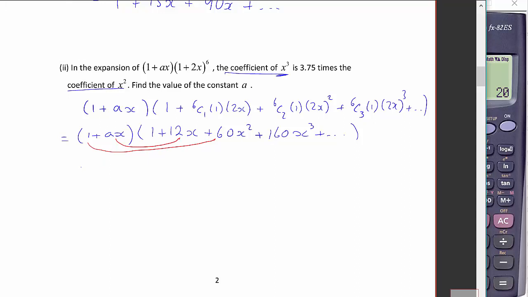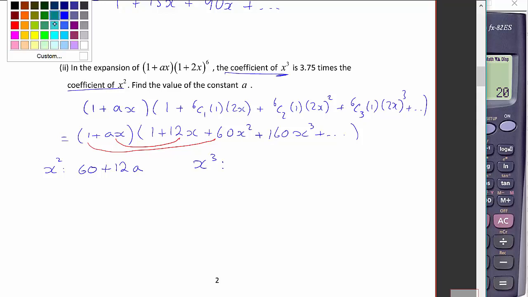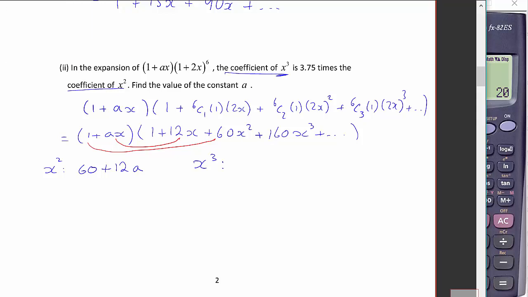So we're going to have a coefficient which is 60 plus 12a. So that's my x squared coefficient. Which things are going to give me x cubed? So x cubed would be given by the 1 multiplied by the x cubed, and the ax multiplied by the x squared.